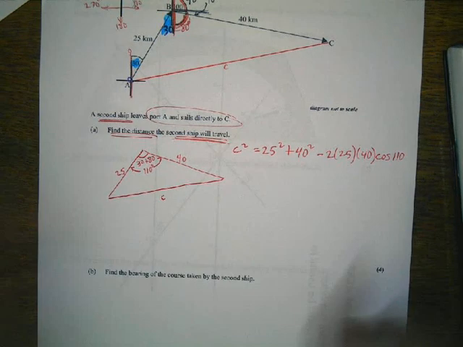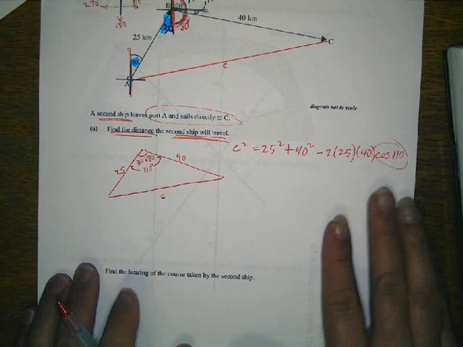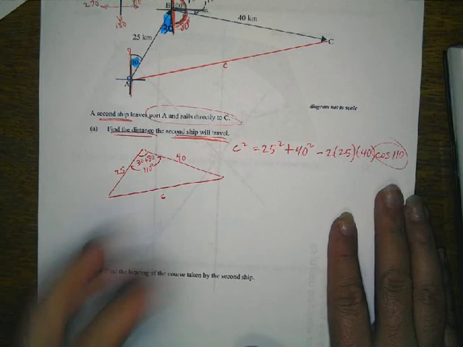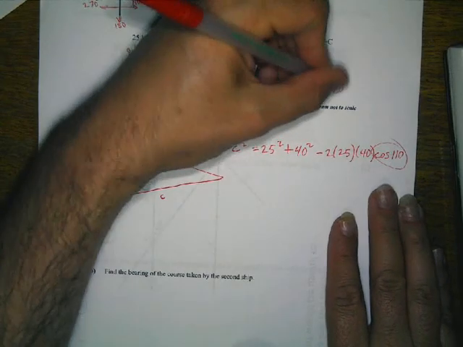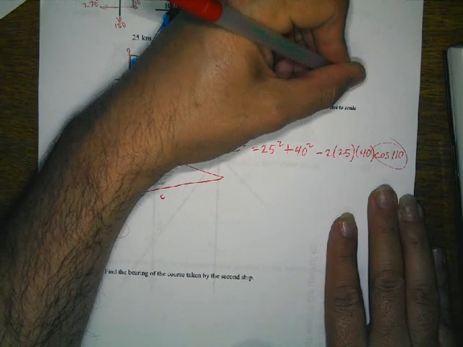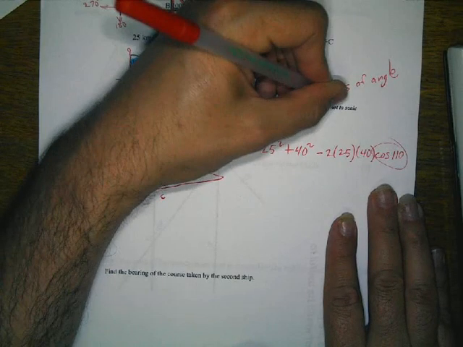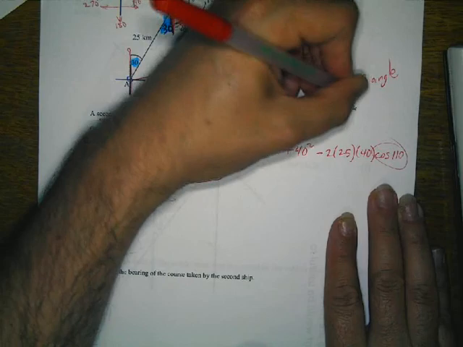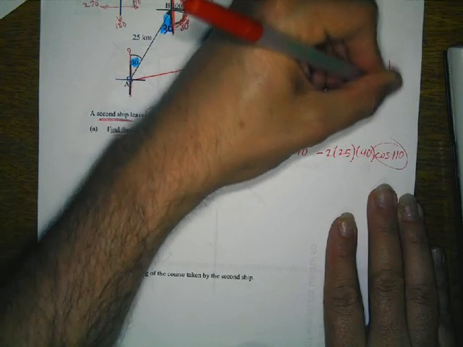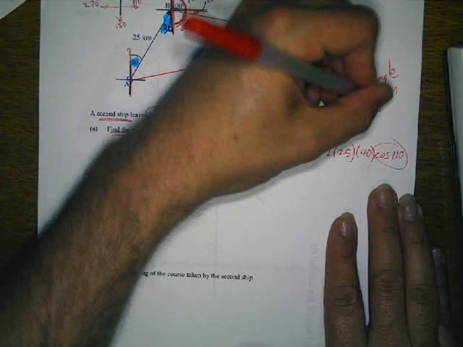Okay. Now remember, cosine of an angle larger than 90 degrees is negative.